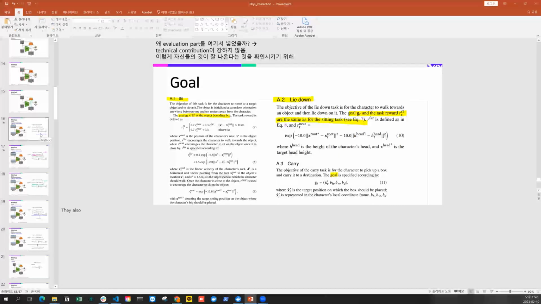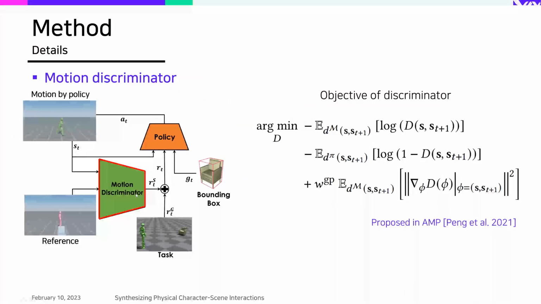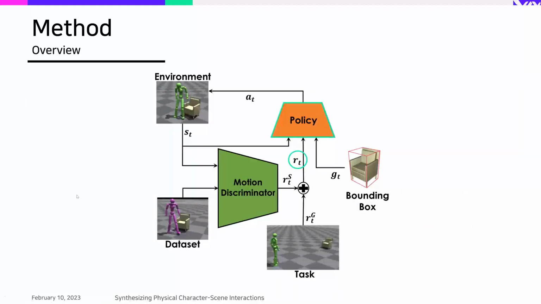And the second question: since I'm new to this motion field, I wonder if you could elaborate on some distinctive features compared to the previous study. What is the big change in this work? So they utilize this motion discriminator, which was presented in the paper AMP.